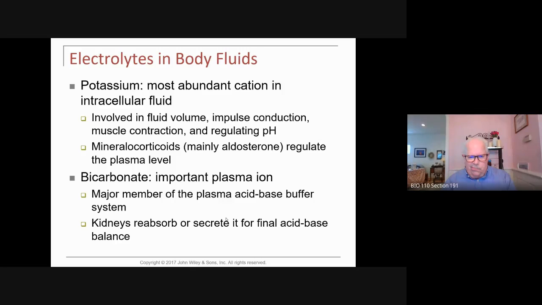Bicarbonate, probably the most important ion in your body because it plays a role in acid-base buffering. The kidneys either reabsorb it or secrete it.